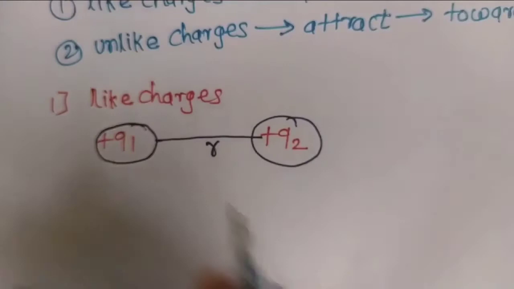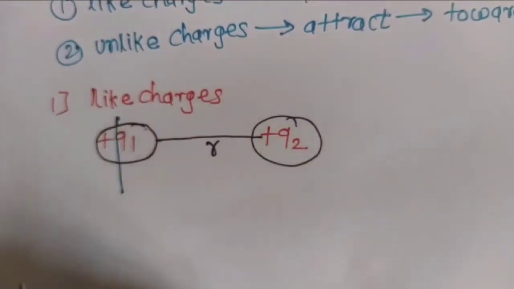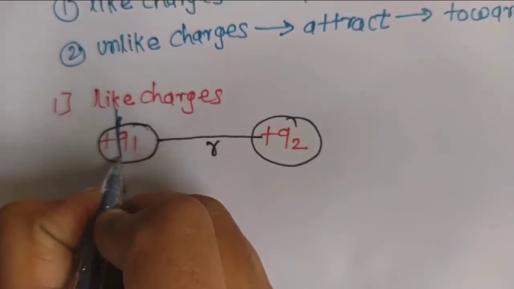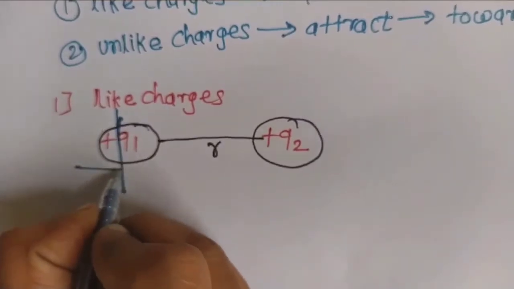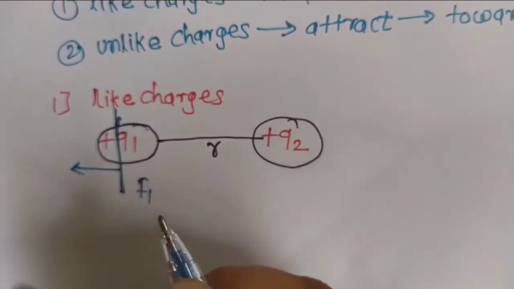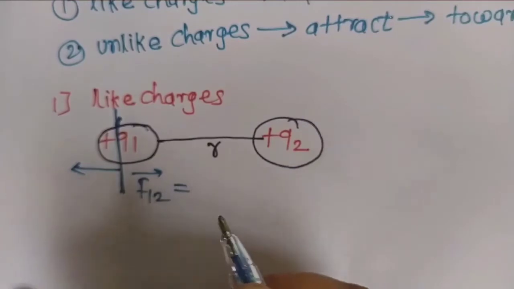First, we have to find the net force on the charge Q1 due to charge Q2. Both charges are like charges, therefore they repel each other, and the direction of the force is away from the charge Q2.